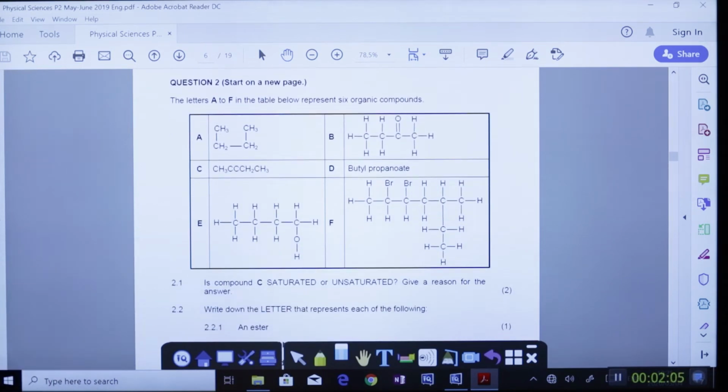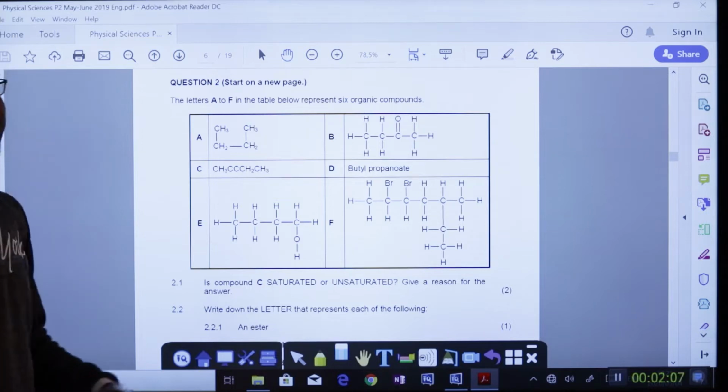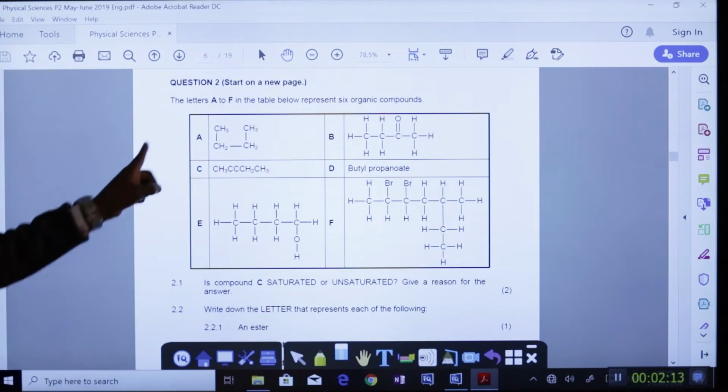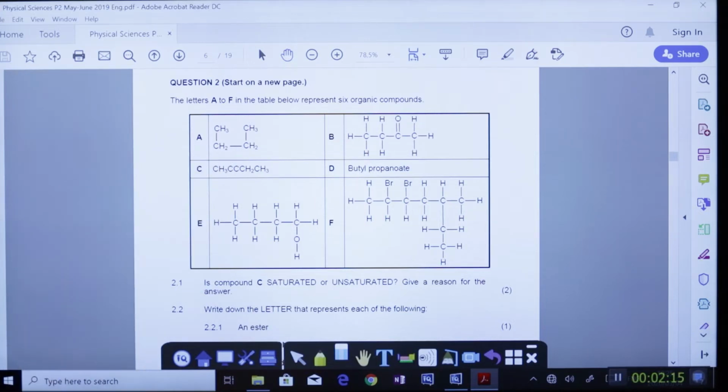The first question, as you can see, is about organic molecules, organic chemistry. We are told that the letters A to F in the table below represent 6 organic compounds.